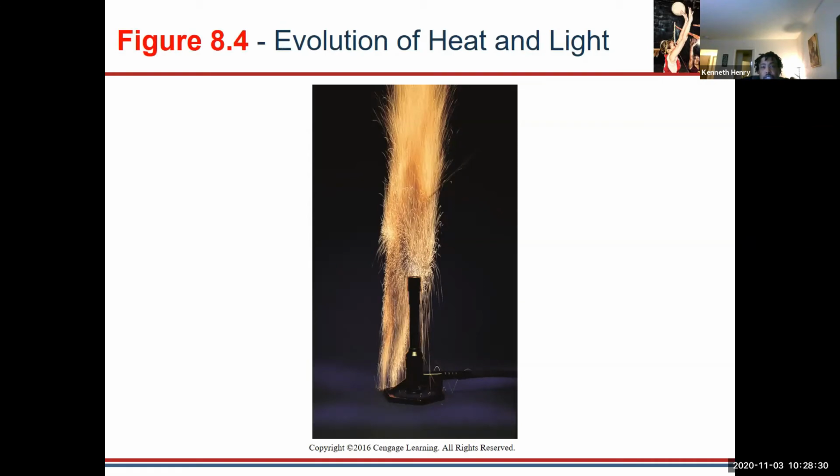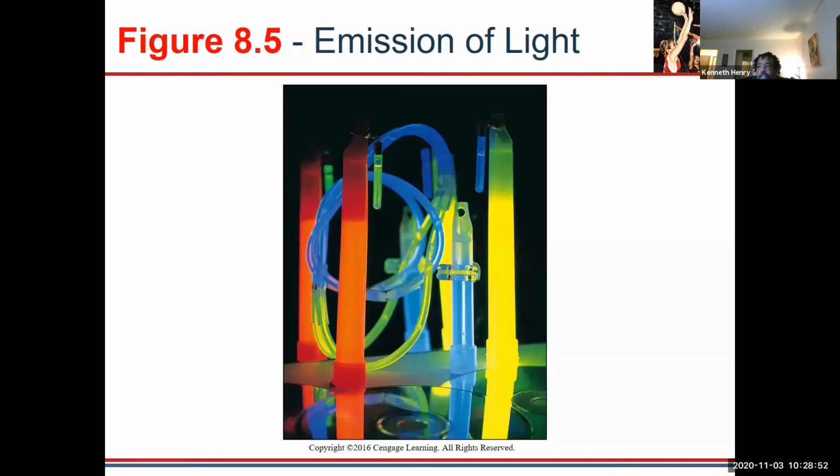It's aluminum and sodium nitrate. It causes heat to be released, and then you get those sparks and light emissions, and different color lights depending on the chemicals that you're working with. And then here we have emission of light, the glow stick.